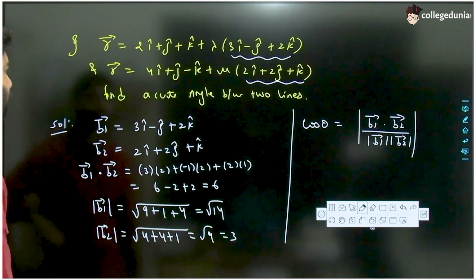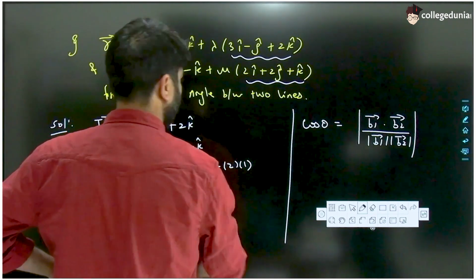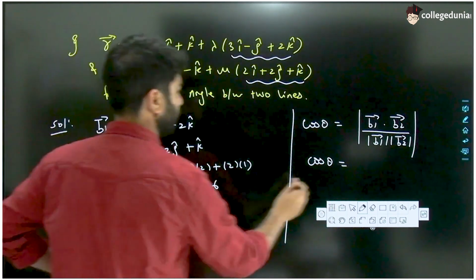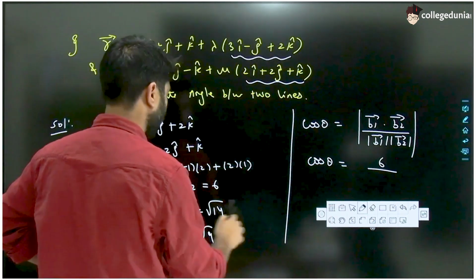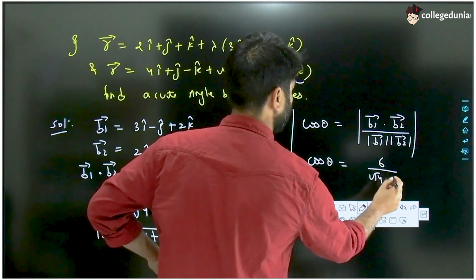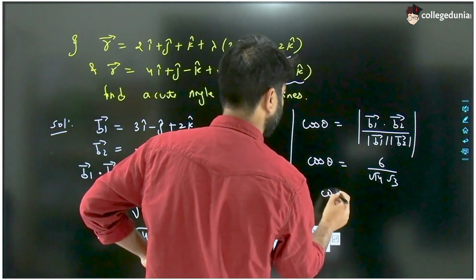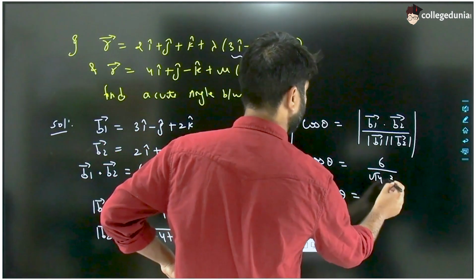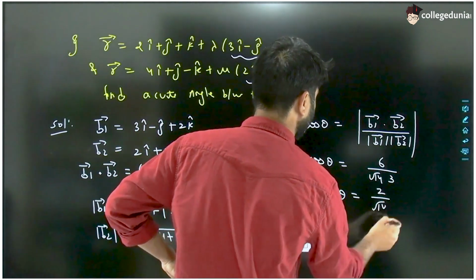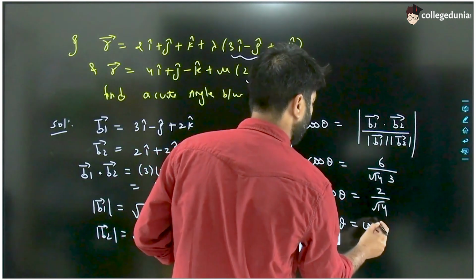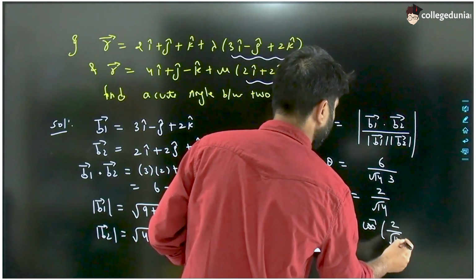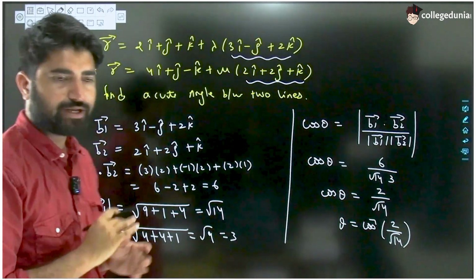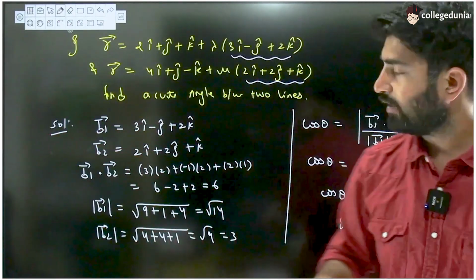Okay, now putting all these values in the formula, we get cos theta equal to 6 in the numerator, divided by root 14 and 3. So the answer is cos theta is equal to 2 upon root 14, and theta is cos inverse of 2 divided by root 14. So guys, this is how we find the angle between two lines in 3D space, right?